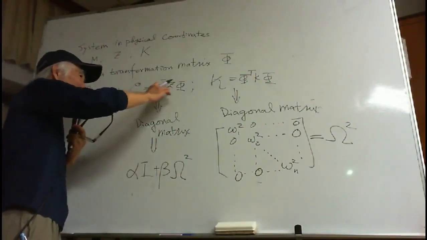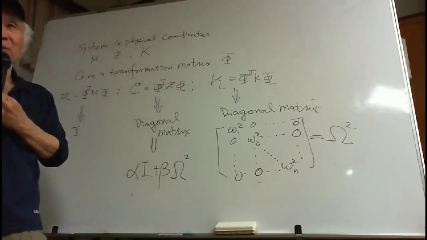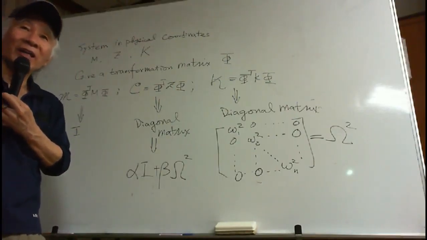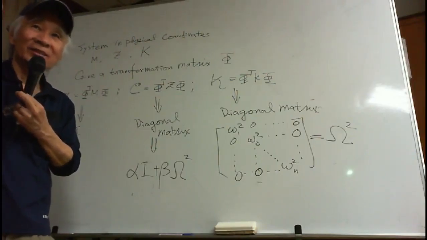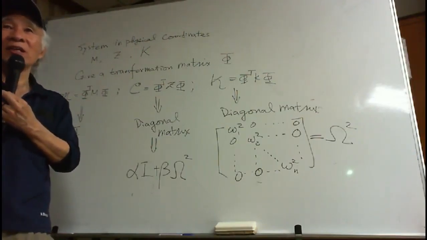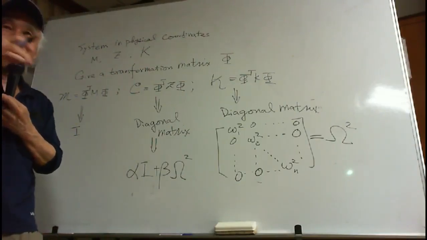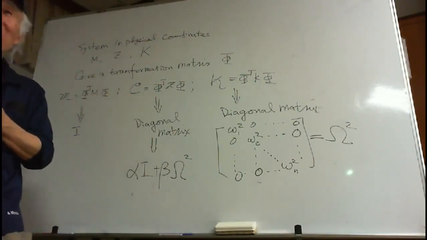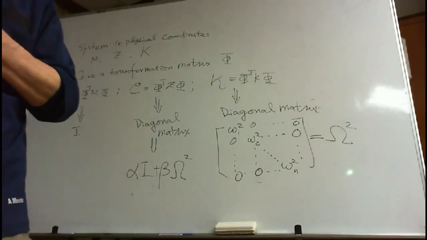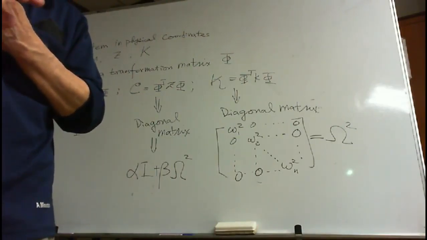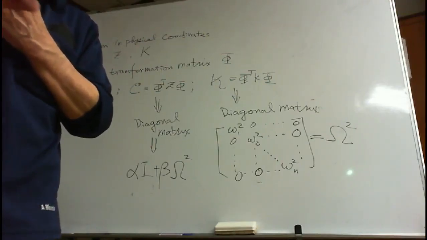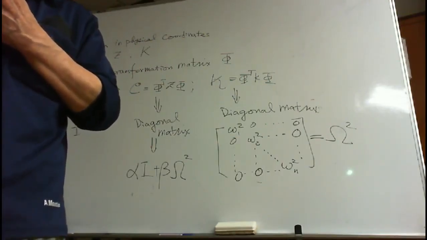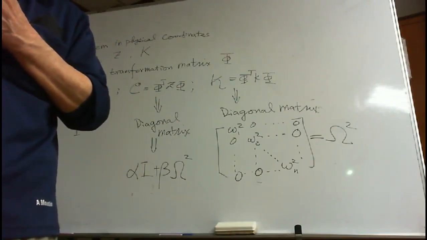This Z matrix, there isn't any clear or solid theory allowing us to derive or develop this damping matrix, because we really don't know the damping mechanism in much detail. That's true.